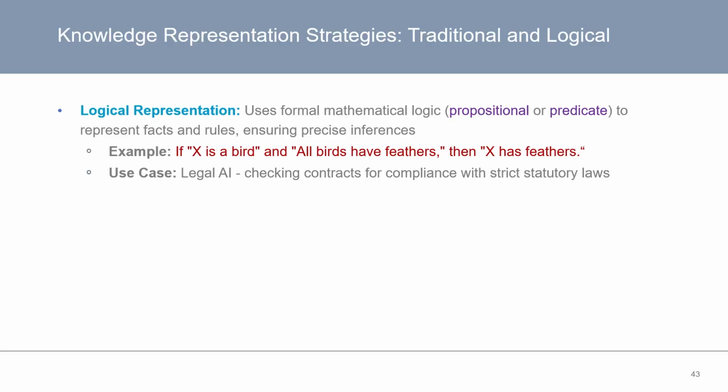First, we have logical representations. These use formal mathematical logics, such as propositional or predicate logic, to represent facts and rules to ensure precise inferences. An example of this might be if X is a bird and all birds have feathers, then X has feathers. Such representations might be used in legal AI systems meant to check contracts for compliance with strict statutory laws.